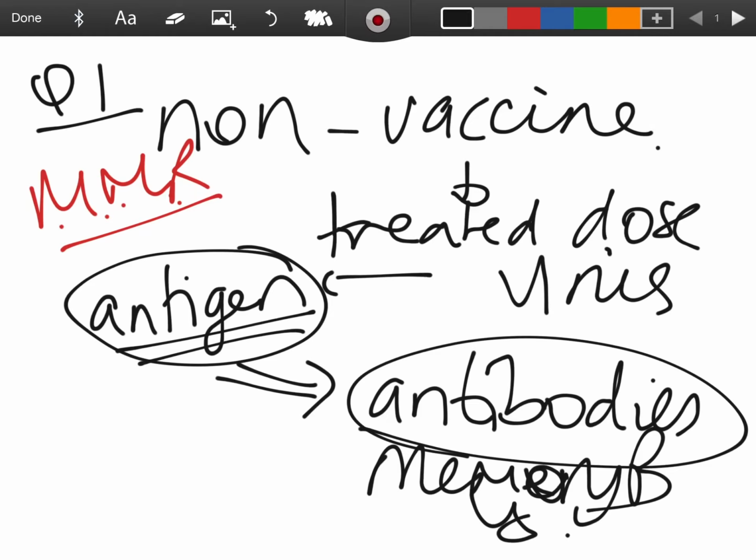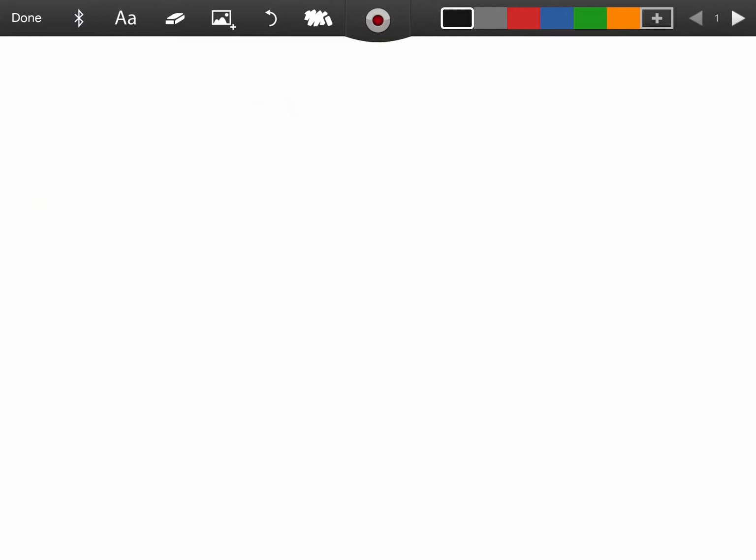And when you go to primary school and you maybe become exposed to measles, mumps or rubella, then you have immunity against the virus, okay? So it's not causing the disease. In the marking schemes, they use the term non-disease causing. You do not have symptoms of the illness after you receive the vaccine, but it just introduces the antigen so that your body can make antibodies against those viruses, okay?